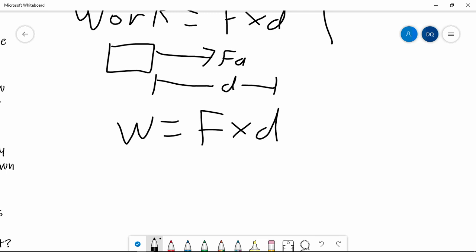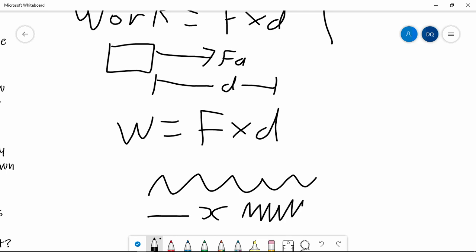Now, that doesn't really work when we talk about how much work it takes to compress a spring. So let's say you have a spring here and you compress it a distance x. It started out at this distance here, and we've shrunken it by applying some force this way to compress it a distance x.